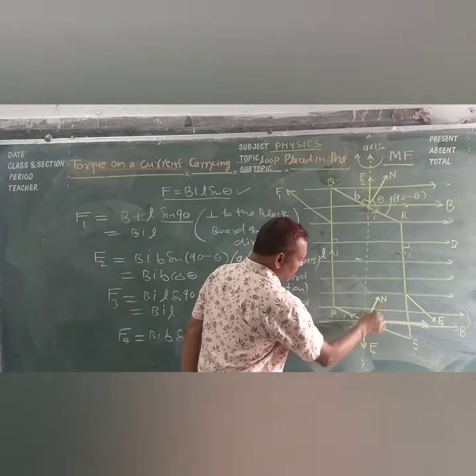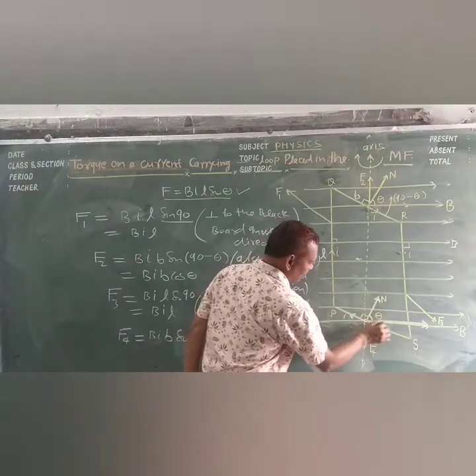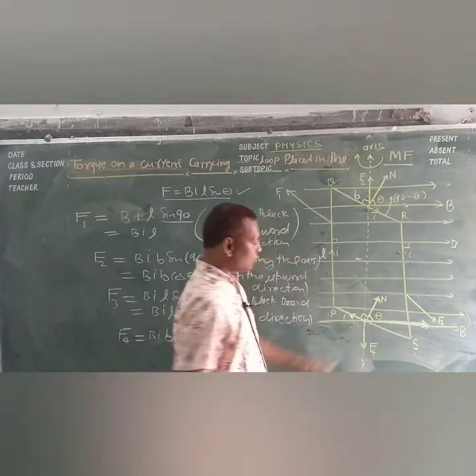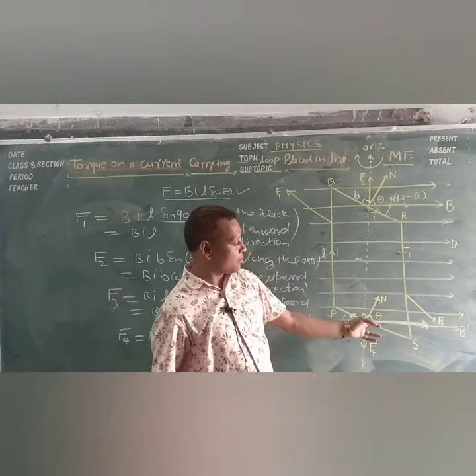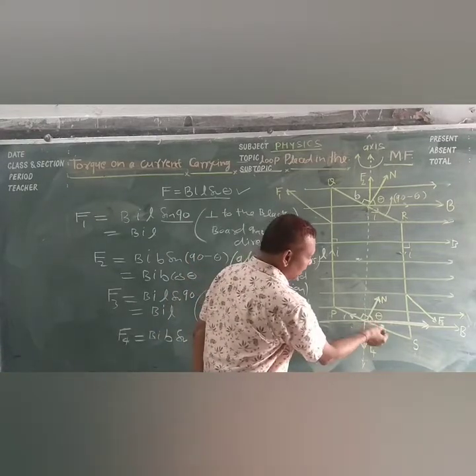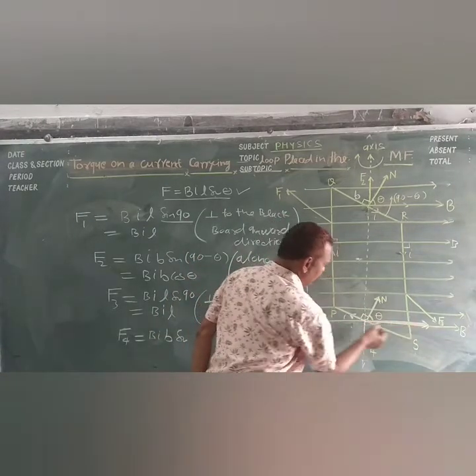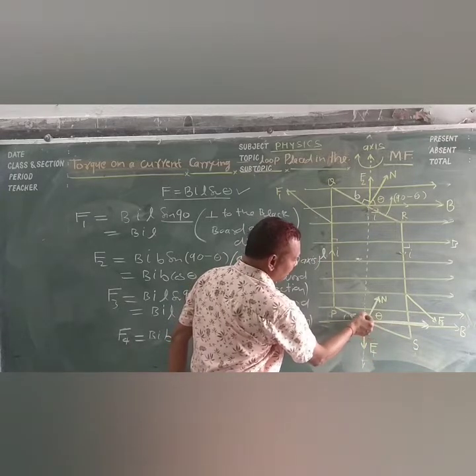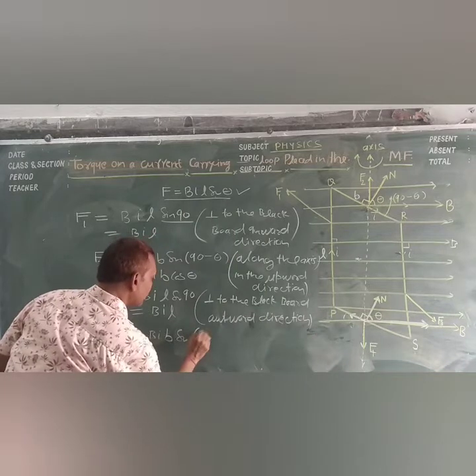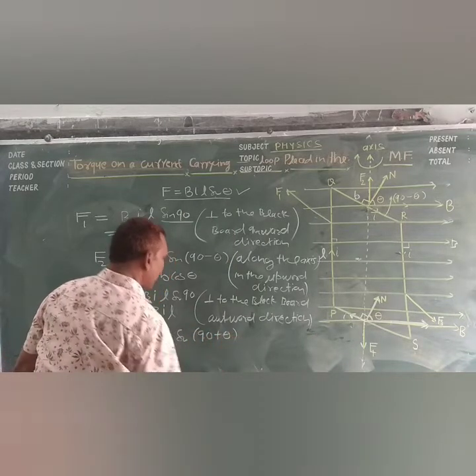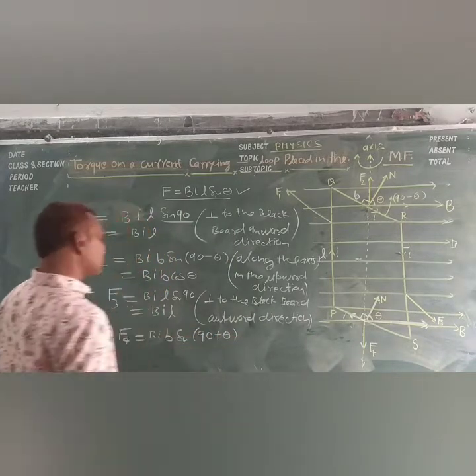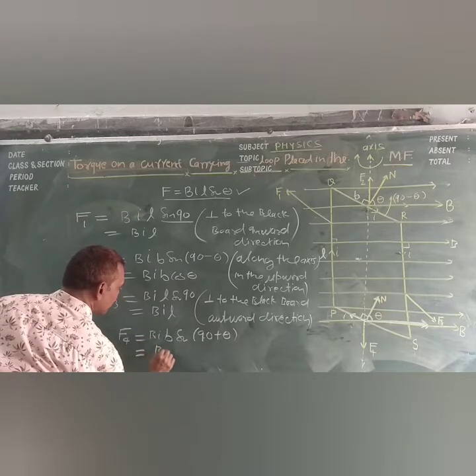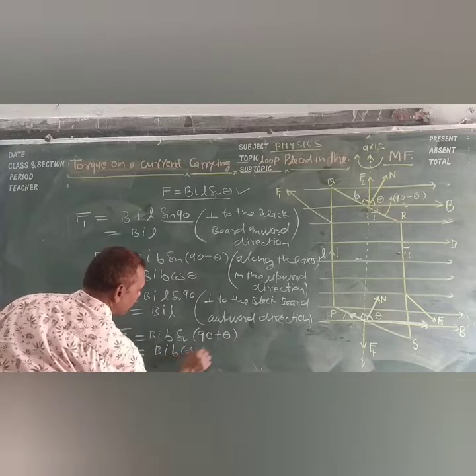This is the normal, which makes angle theta with the magnetic field, and this angle is 90 degree, because the normal is perpendicular to the surface of the coil. So the complete angle between magnetic field and current becomes 90 plus theta. Sin of 90 plus theta will be cos theta. So this will be BIb cos theta.